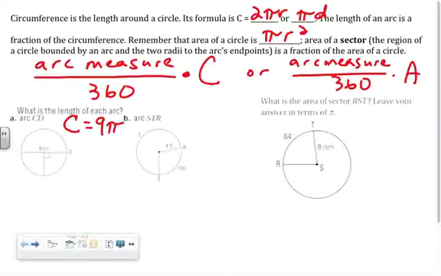And since I'm asking for the length of arc CD, let's first talk about what is the measure of arc CD. It's 90 degrees. So you would take that 90 and put it over 360. And that's the fraction that you're taking of the circumference, 9 pi.